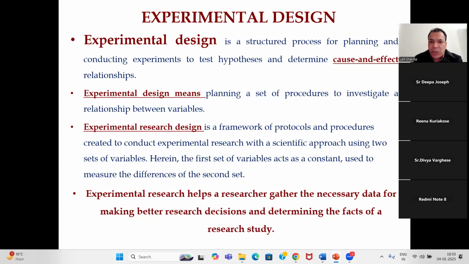Experimental design is a structured process for planning and conducting experiments to test hypotheses and determine cause and effect relationship, right? Experimental design means planning a set of procedures to investigate a relationship between variables. Okay guys, do not confuse experimental design with experimental research. Both are different, right?